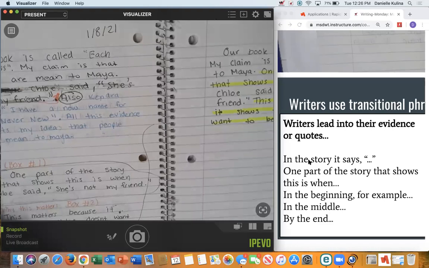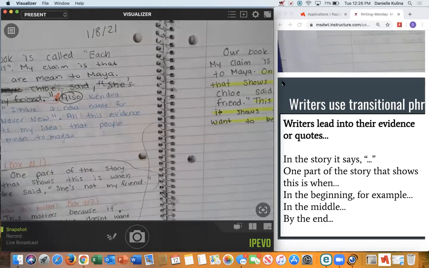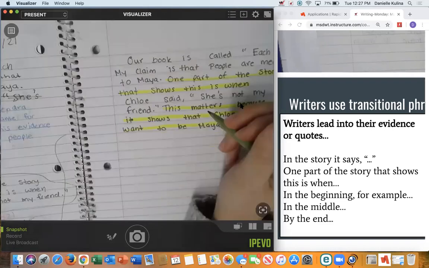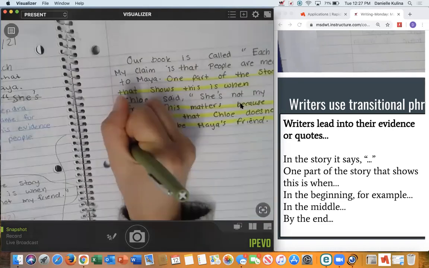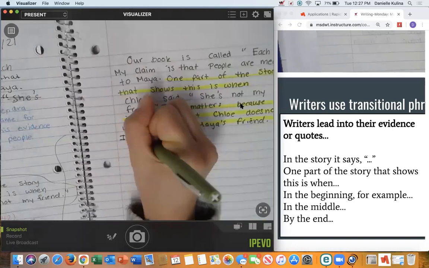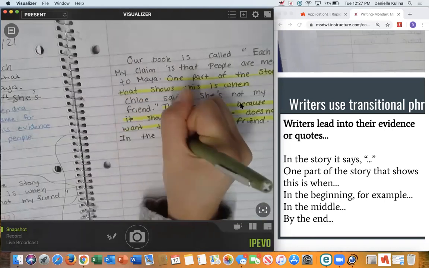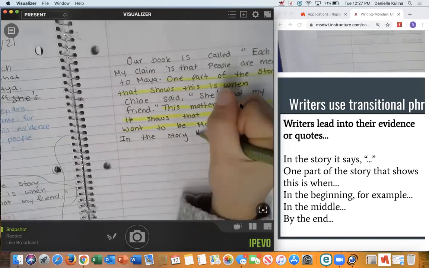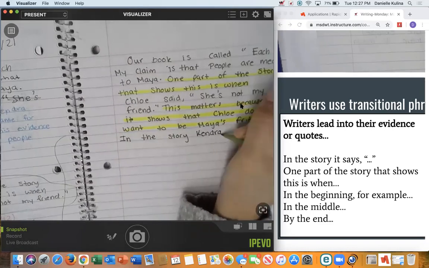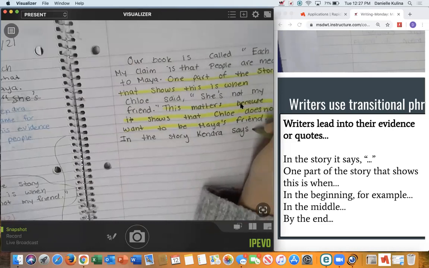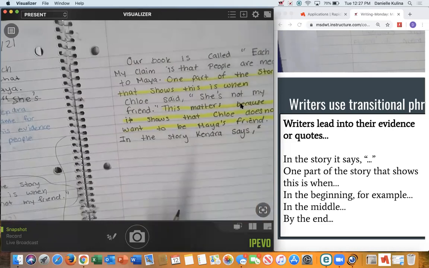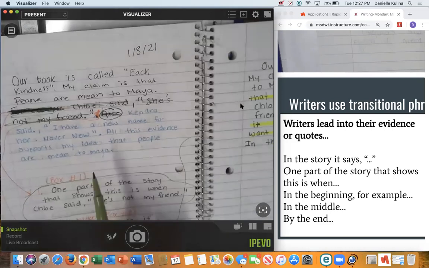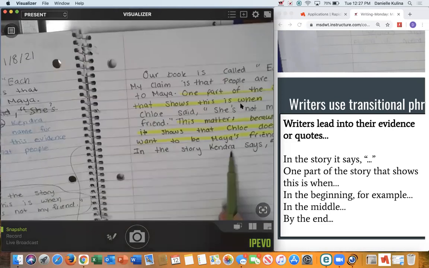Okay. So we're just going to go ahead and write it directly in our paragraph. We're going to say in the story, but I'm going to replace it with Kendra. Kendra says, so we replace that word also, crossing it out because we're replacing it with in the story Kendra says.